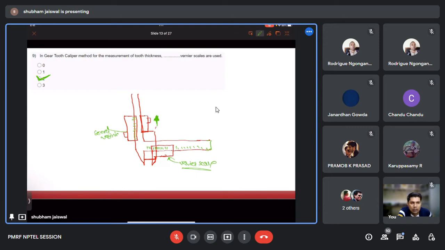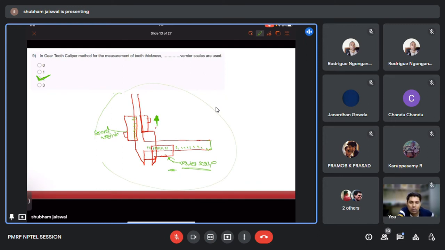Any doubt in this one? Most people get confused about how we are using two vernier scales. This one is the whole assembly, but in this one we are using two different scales. One is the horizontal one and one is the vertical one.